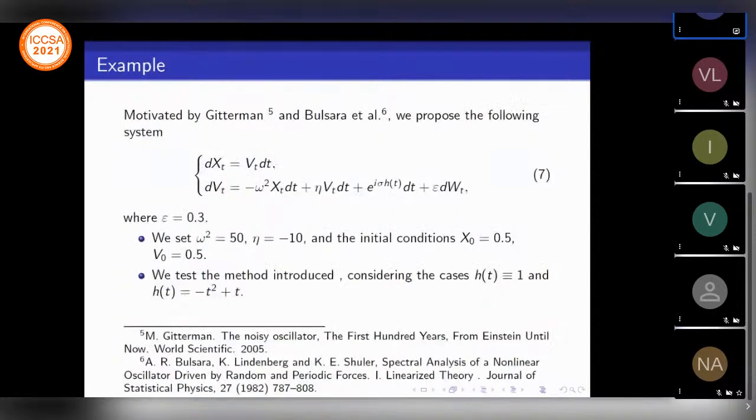So we have a full discretized procedure, and we can test our numerical method, for instance, on a very popular stochastic oscillator model in the literature. We consider our driving oscillating function with h of t equal to 1, so constant essentially, and h of t given by a very simple second degree polynomial of t.